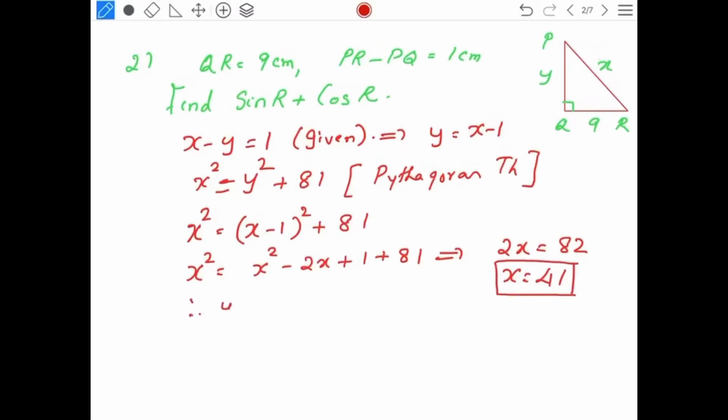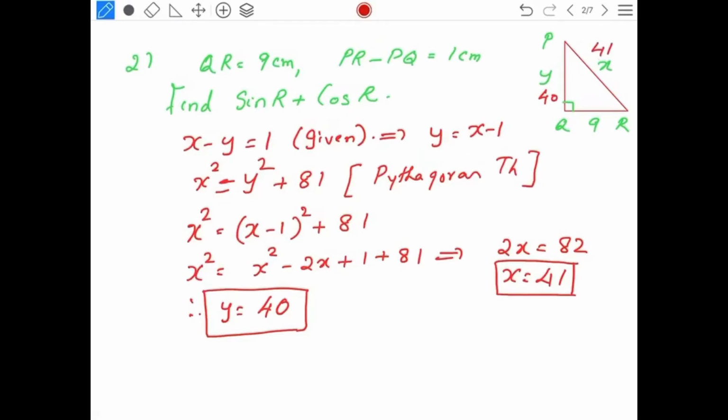Therefore y equal to 40. Substitute in y equal to x minus 1, you will get y equal to 40. So y is 40 and x is equal to 41.